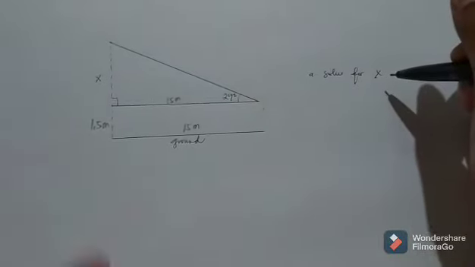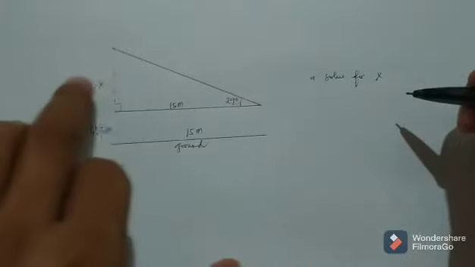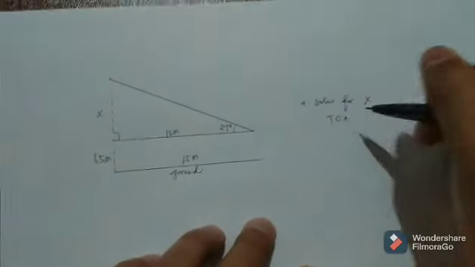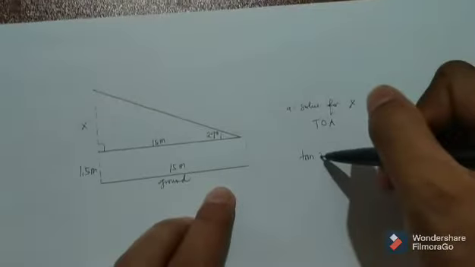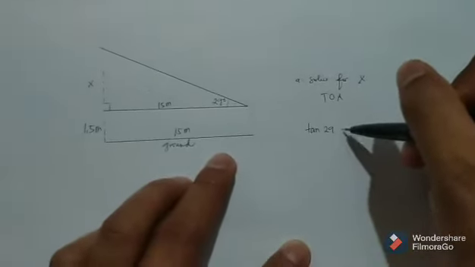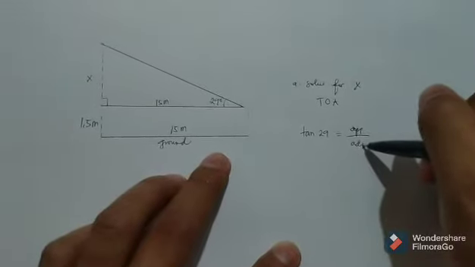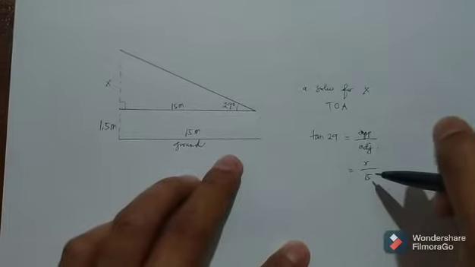So making use of this given, we could solve for x. This is the angle, the opposite, and this is the adjacent to that angle. So we can still use TOA, which is tangent 29 degrees equals our opposite over adjacent, which is represented by x over 15.